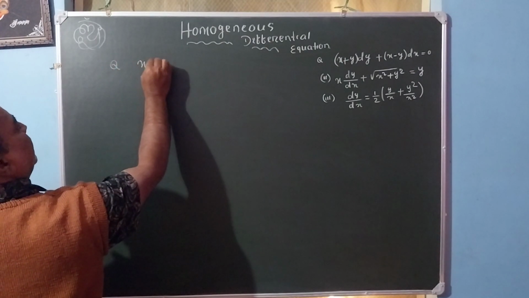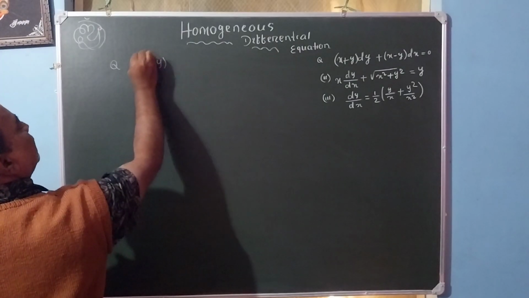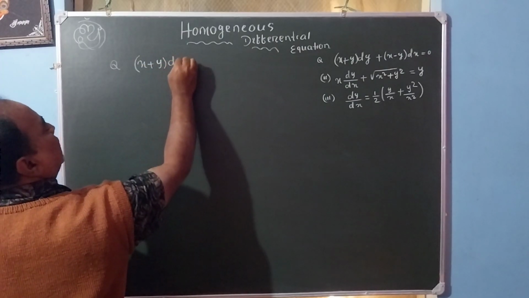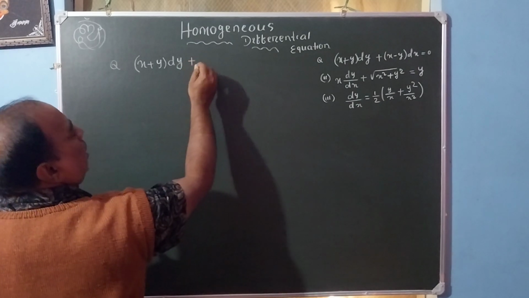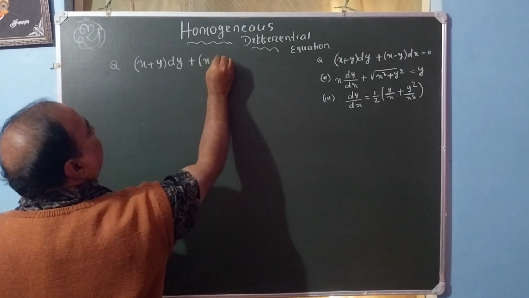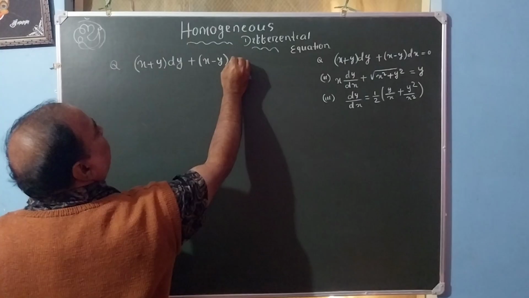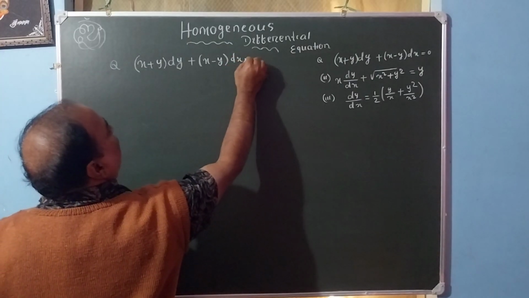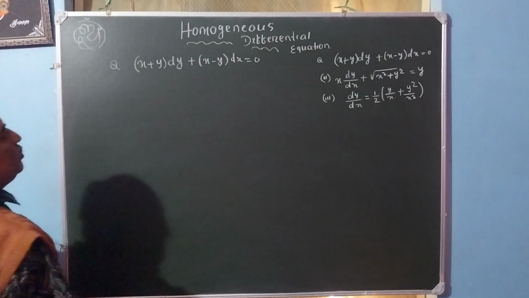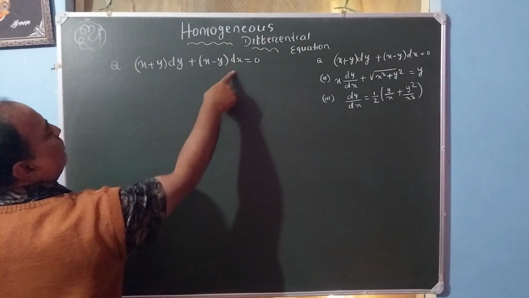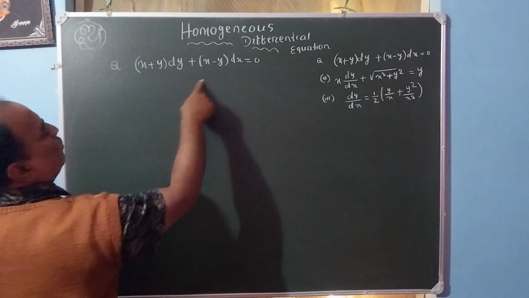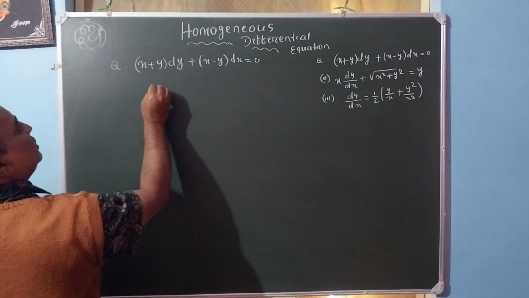(x + y) dy + (x - y) dx = 0. Okay, dx will be divided here, this will go to this side.